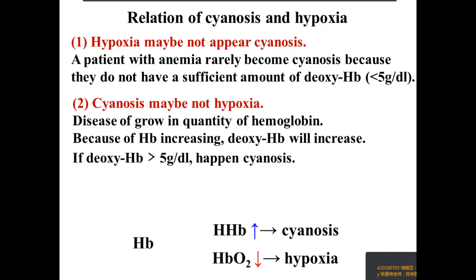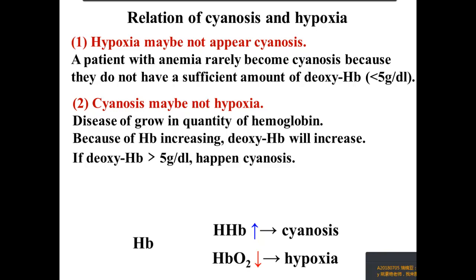Now we have learned which types of hypoxia lead to the patient having cyanosis, having hypoxia, with a normal concentration of hemoglobin.